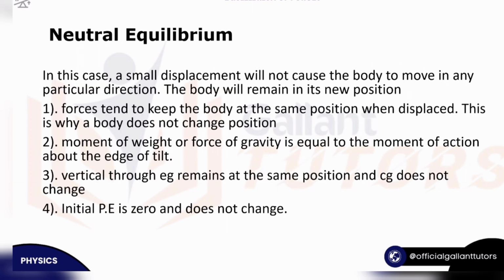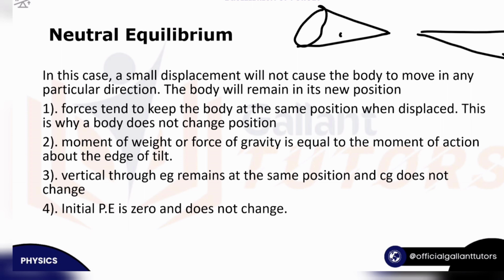The next one, neutral equilibrium. Now, what do you understand by neutral equilibrium? It simply means that it can move to another position. I like using a cone, for example. Let's assume a cone is like this. If I apply a force, it can come into this direction. It does not have any problem. Has the orientation really changed?